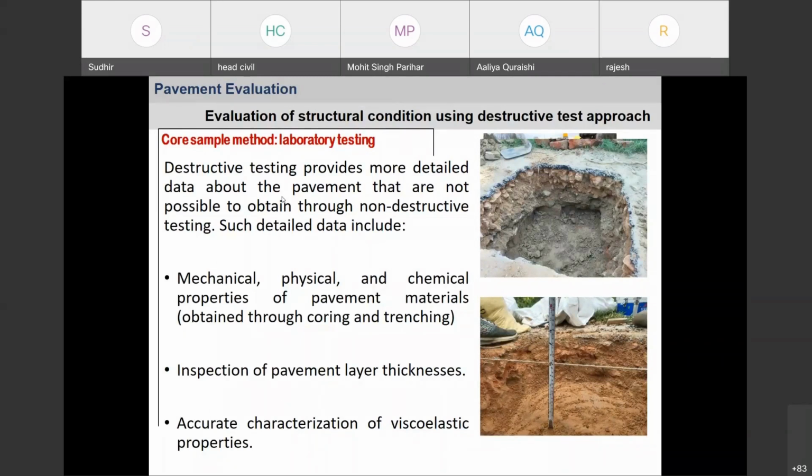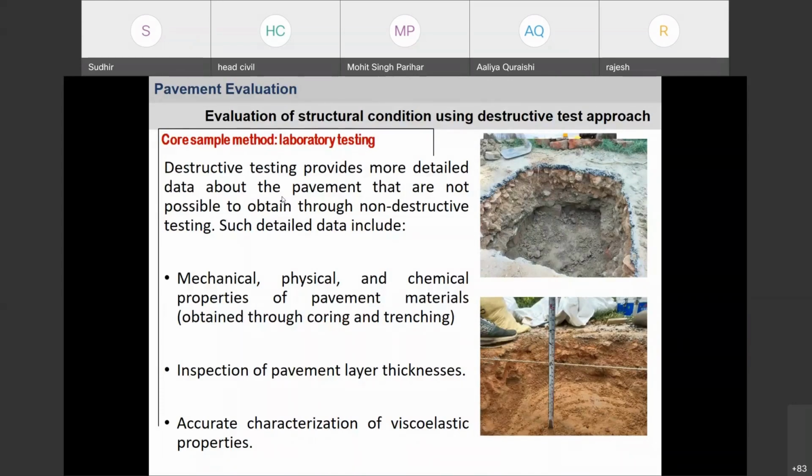So let's start our discussion with the destructive test approach. Okay. So the usual practice in evaluating structural condition using a destructive approach is to obtain samples from the field, right? It could be through coring, it could be through creating pits.